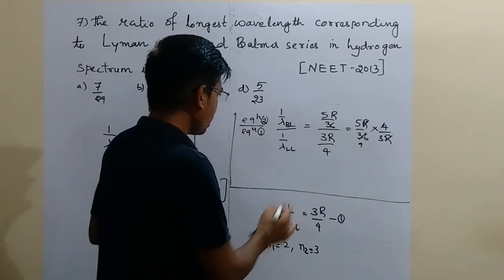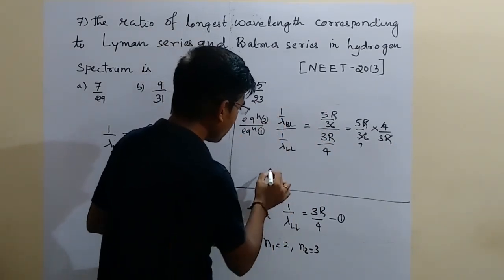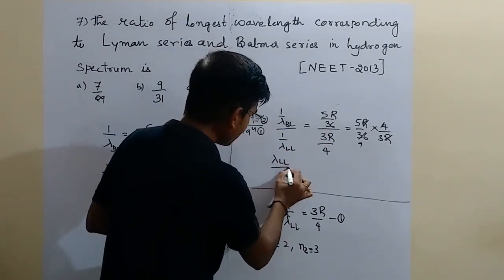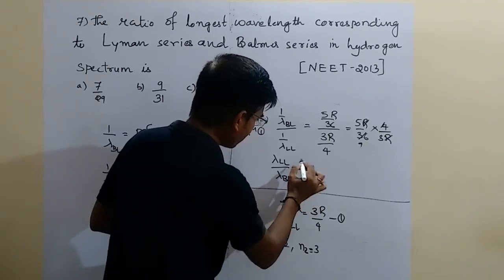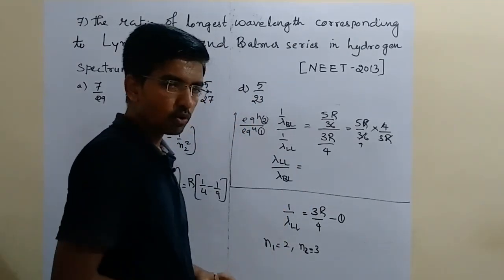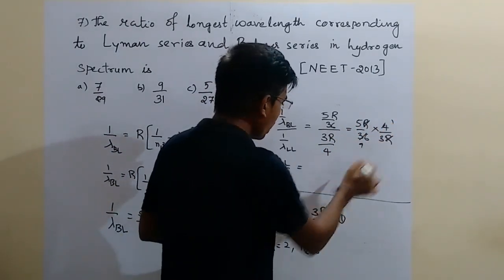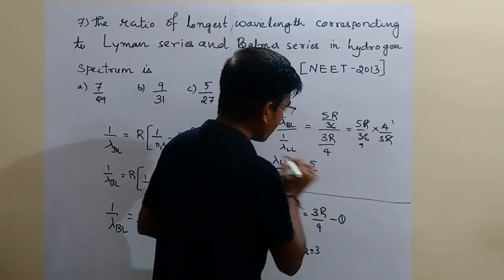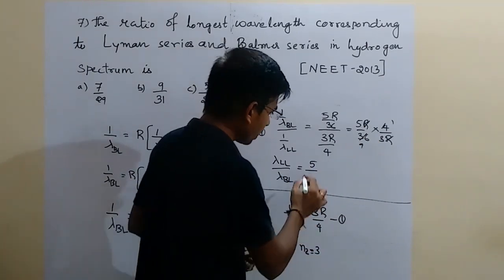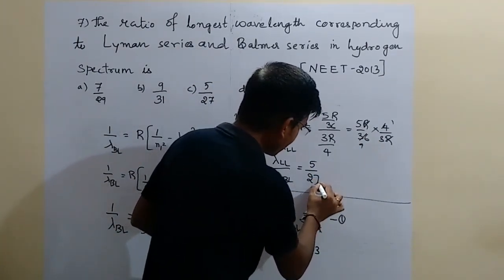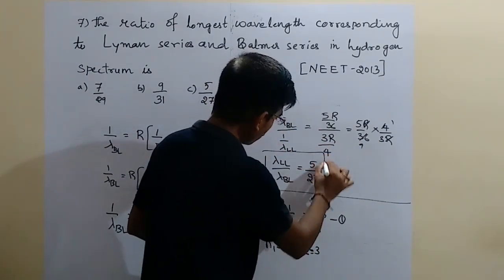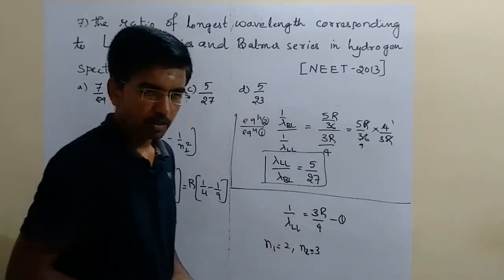Then taking the reciprocal, lambda LL divided by lambda BL is equal to 5 into 1, that is 5, divided by 9 into 3, that is 27. This is the final answer. What is this?